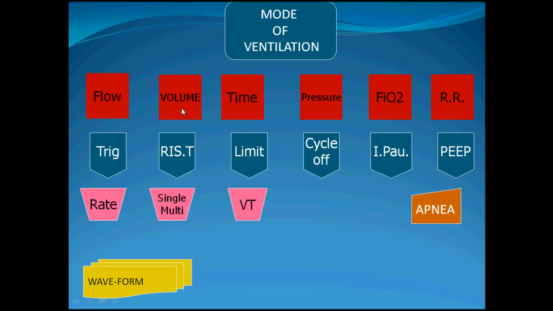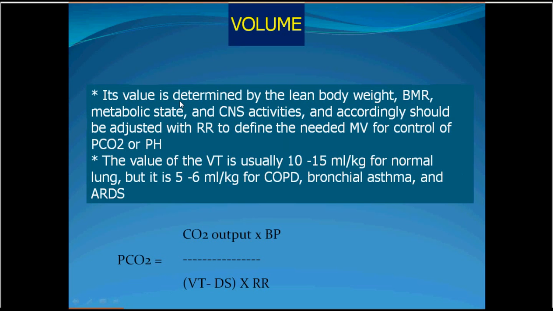Today I'm going to talk about the volume and the respiratory rate. Volume and respiratory rate mean that you are defining and setting the minute volume. This minute volume is important for determining the partial pressure of carbon dioxide and the pH. The minute volume is defined by the basal metabolic rate, and as I've mentioned before, it defines the carbon dioxide and the pH.